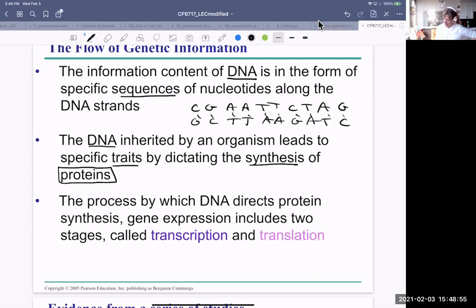Proteins make your traits, whether the proteins are structural, transport proteins, communication proteins, or enzymes that make other things that make up your body. That is what you are. So the process by which DNA directs protein synthesis and gene expression includes 2 stages called transcription and translation.